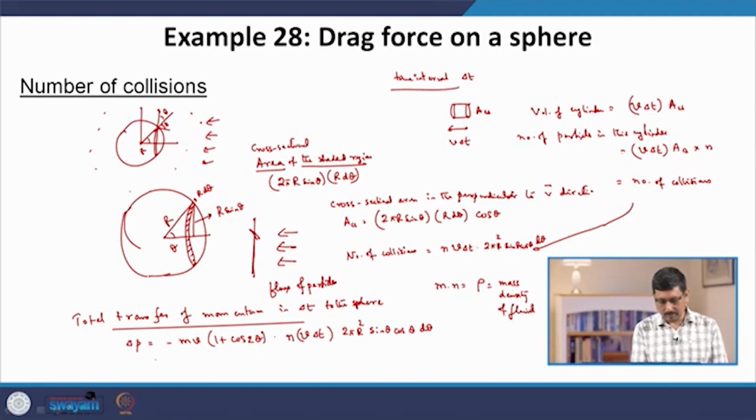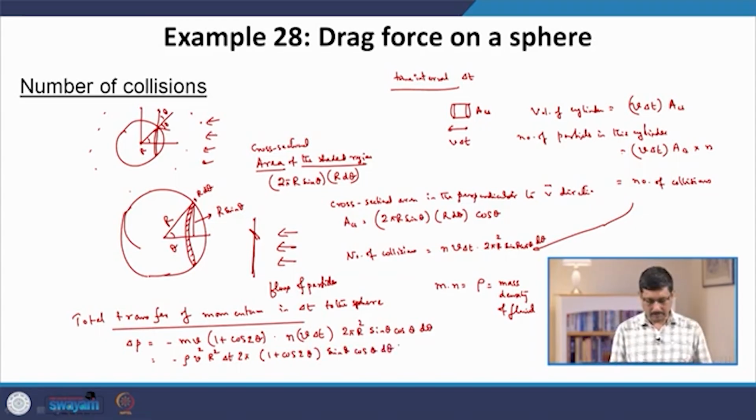So, this is equal to rho, we have v square, we have r square, and we have 2 pi times delta t times 2 pi times 1 plus cos 2 theta sin theta cos theta d theta. So, you are just rearranging the terms.